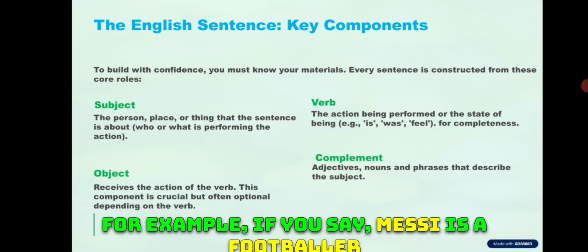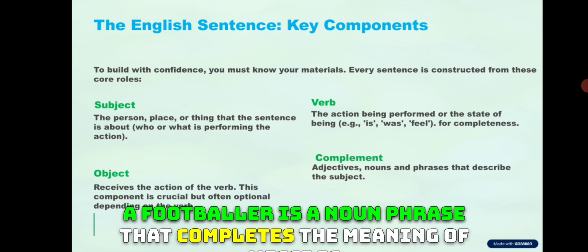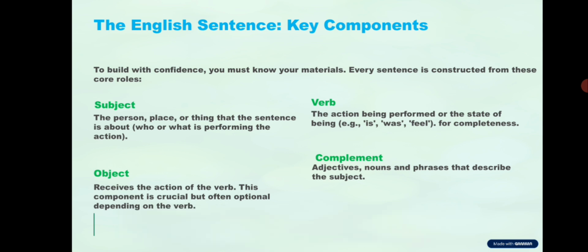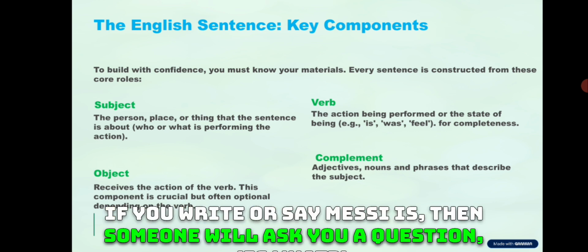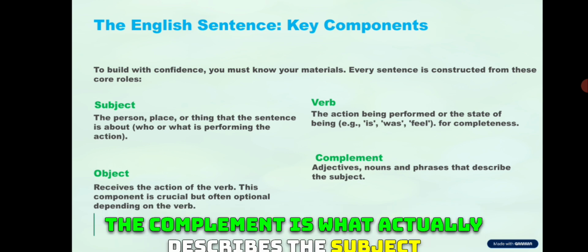For example, if you say Messi is a footballer, a footballer is a noun phrase that completes the meaning of Messi is. If you write or say Messi is, then someone will ask you a question, is what? The complement is what actually describes the subject.